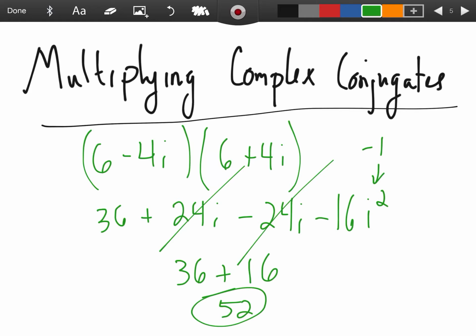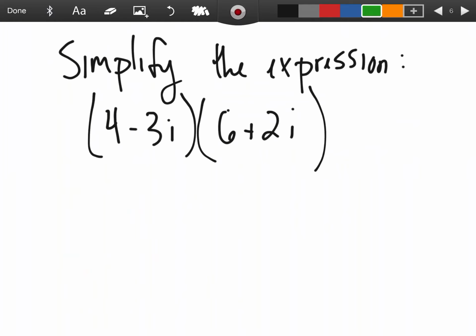So when you multiply two complex conjugates together, you are going to get just a real number. You get a real number, which is very cool, and it's really important, and we're going to see that in 2 slides.